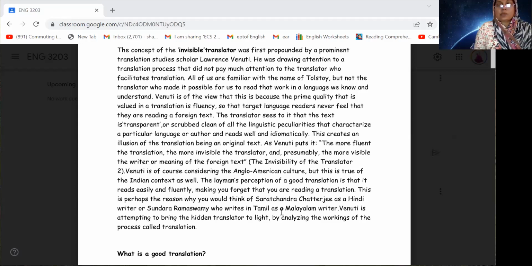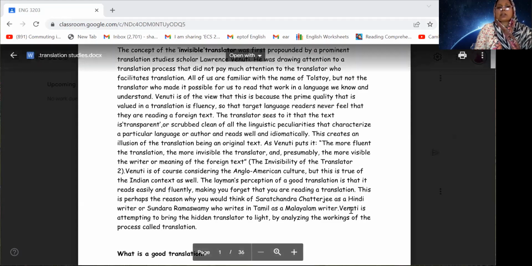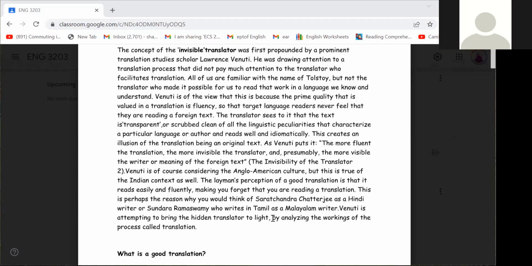When we read the books, we forget about the translator. Rather, we think the books are original, written by original writers. At the end, we can conclude that Sharat Chandra's Hindi books and Ramaswamy's Malayalam books are in translated form. Here, the translators are invisible.